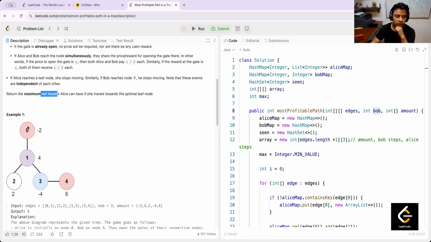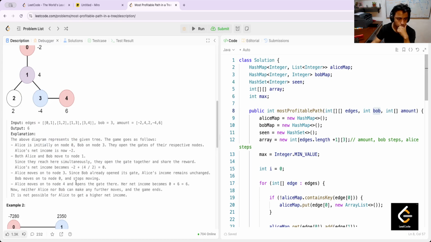Where both reach the same node at the same time, the amount is divided. Where it is negative, it is divided and is negative, and where it is positive, it is added. Well, divide and add half for each.